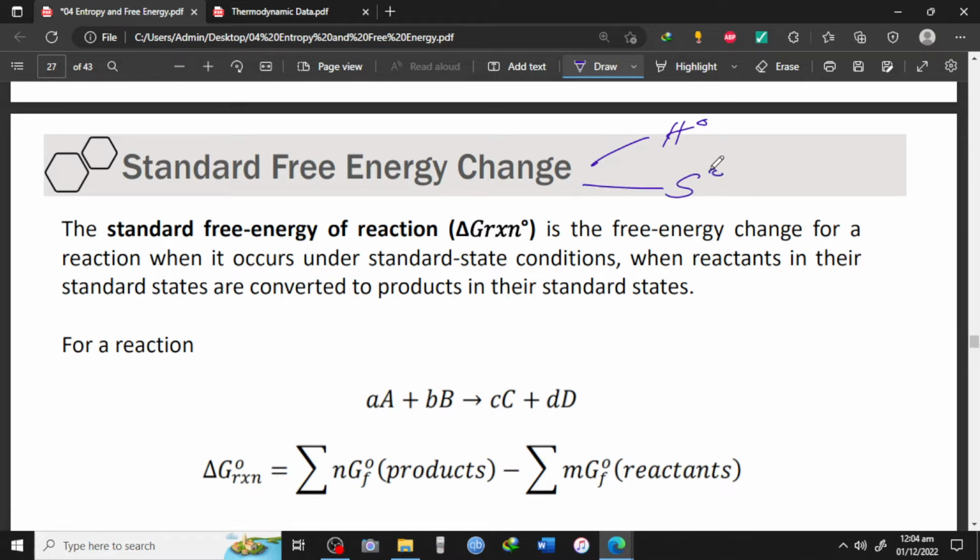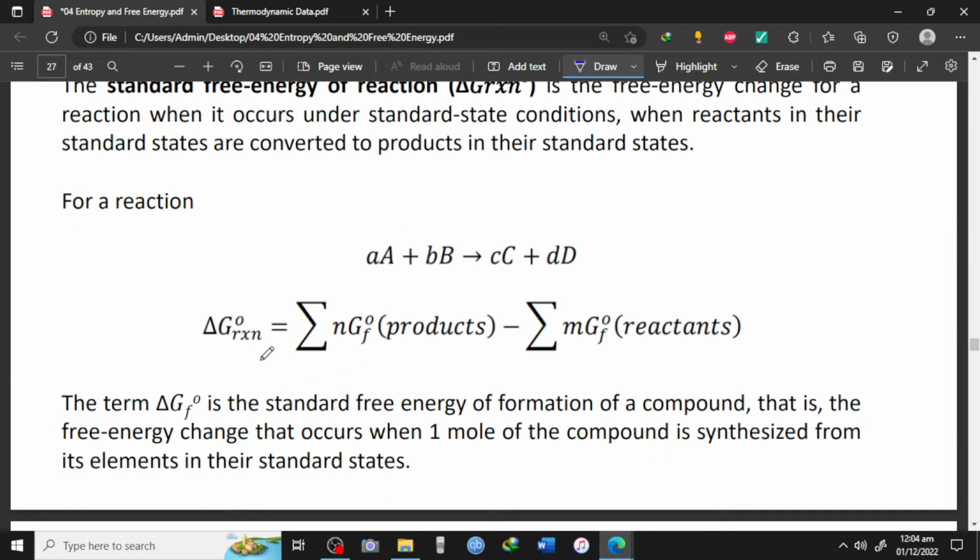So the same goes for Gibbs free energy: it also has its own standard free energy change. Technically, it has the same formula that we used for both enthalpy and entropy. To my students, we did that for enthalpy, and then in part 1 of this lecture for chapter 3, we did it for entropy. So the formula here is very easy, it's the same.